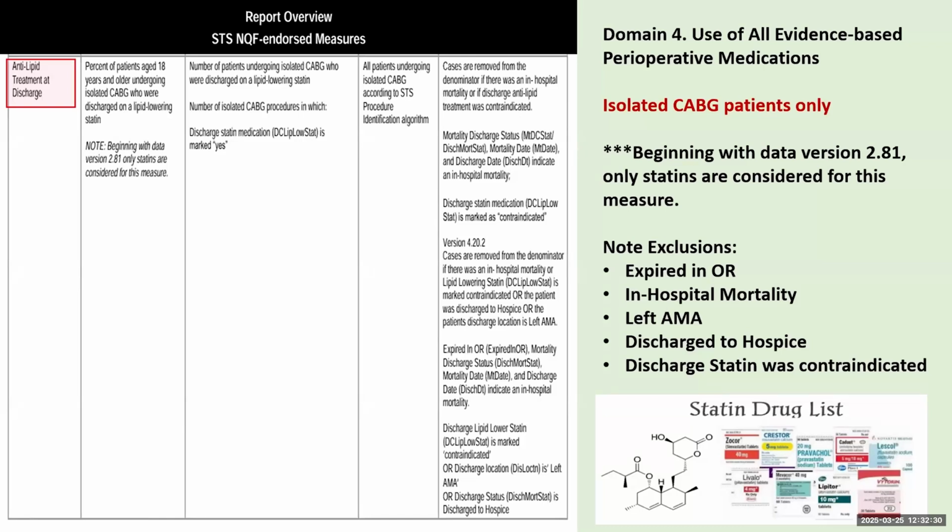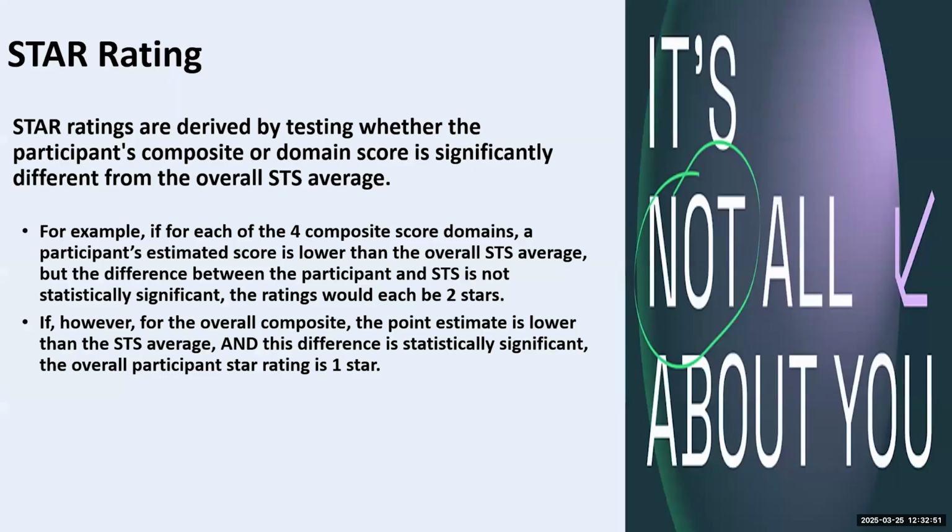Okay. All right. So we've gone through all the domains, and now we're going to start getting into star ratings a little bit, and we're going to look at those reports and talk about what those things mean. Star ratings are derived by testing whether the participant's composite or domain score is significantly different from the overall STS average.